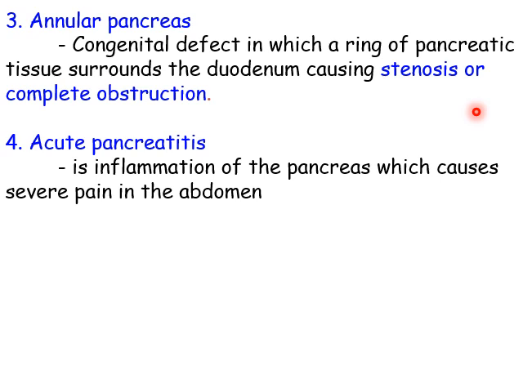That is called annular pancreas, and it compresses the duodenum, causing stenosis or complete obstruction.